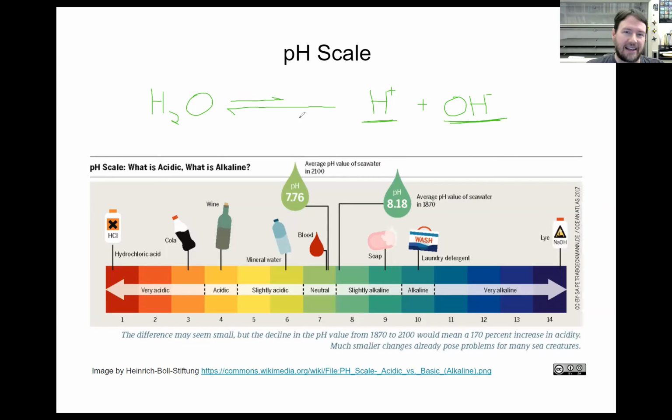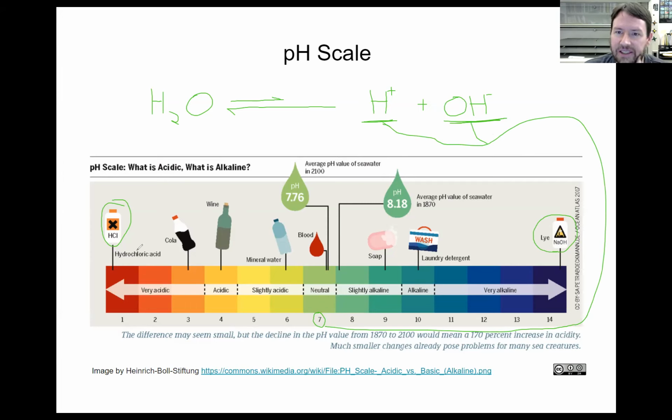But it turns out you can add things to water to change this balance. If you add things like hydrochloric acid, that's going to release a lot of hydrogen ions, and so we have a much higher concentration of hydrogen ions in that solution. Or we could add something like drain cleaner or lye, sodium hydroxide. We could add a bunch of hydroxide ions, and that's going to shift the balance the other way. So when we say neutral at pH 7, that means that there's a balance in these hydrogen and hydroxide ions.